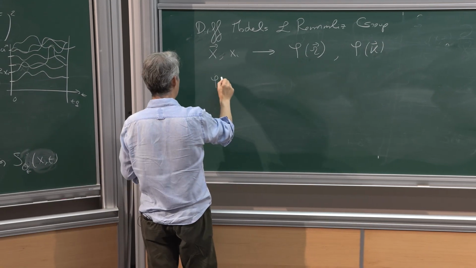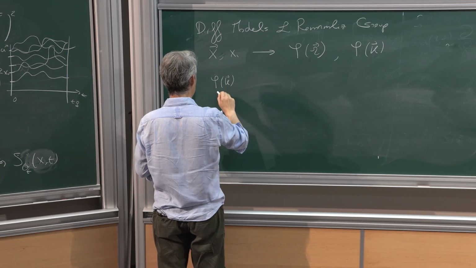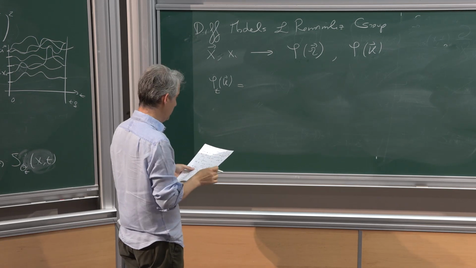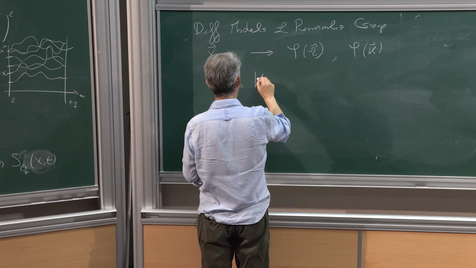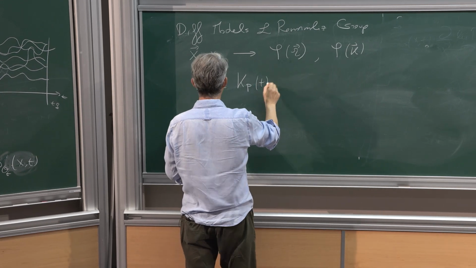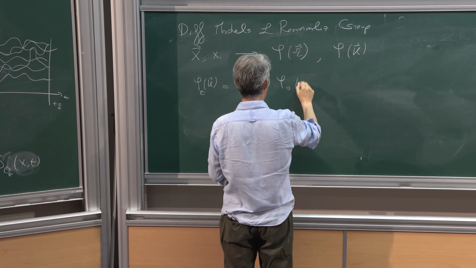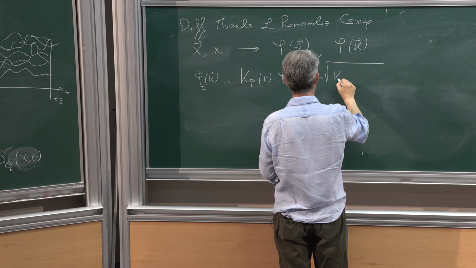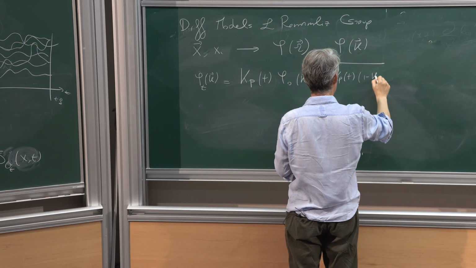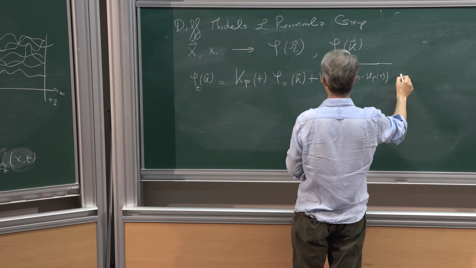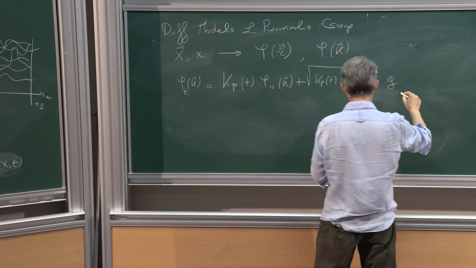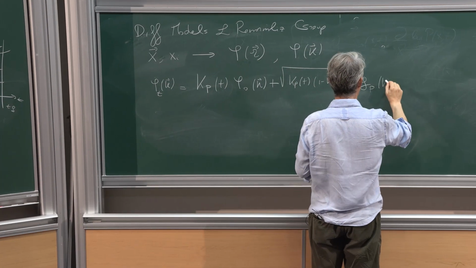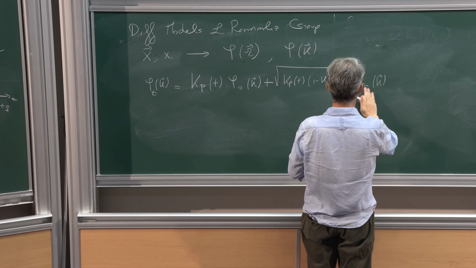Then phi of p at time t, where t will play the role of the renormalization scale, is going to be equal to k_p(t) times phi of 0, plus the square root of k_p(t) times (1 minus k_p(t)) times a Gaussian g_p.